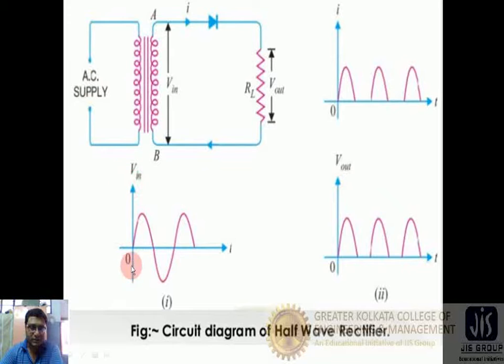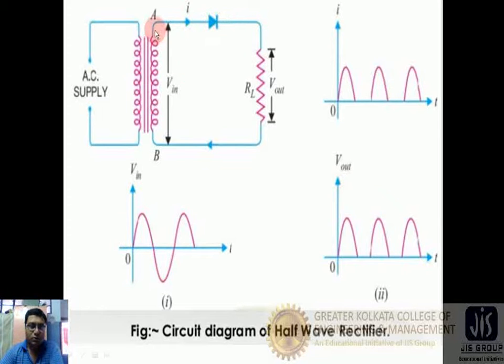It is the AC signal which changes its polarity after a certain interval of time. So it is an alternating current or AC signal which is applied to the input of the transformer. In most cases this is a step-down transformer. So a diode is there. This diode conducts only in forward bias.